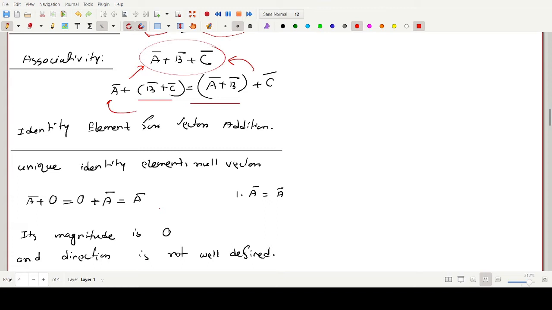I have seen that null vectors are written using a bar on top.